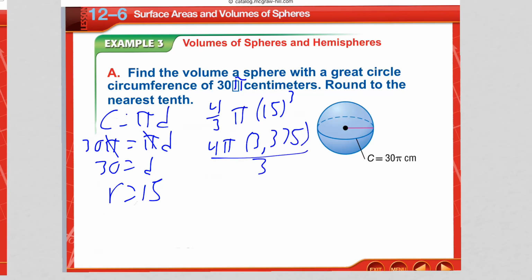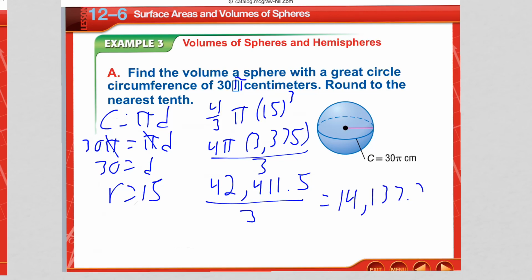So then I take my 4 times pi times 3,375, which gives me 42,411.5. Then divide that by 3, and then I get 14,137.2, and this would be centimeters cubed.